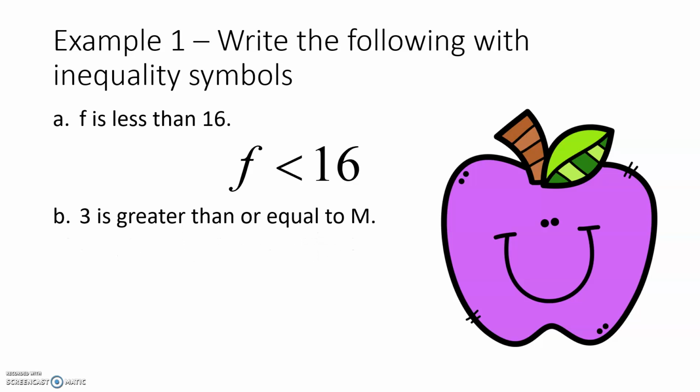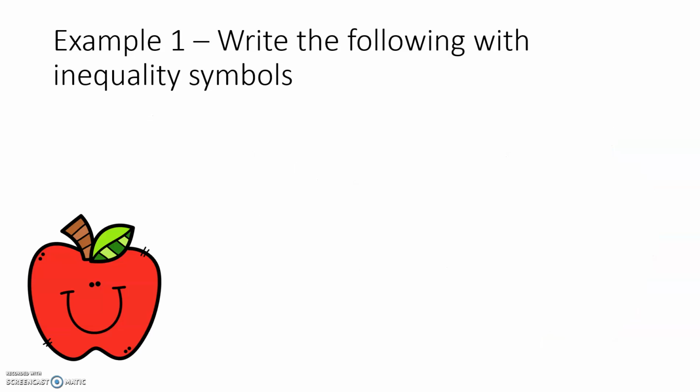But what about this one? 3 is greater than or equal to M. So I'm going to use the same symbol I just showed you. 3 is greater than or equal to M. What I literally did was take these English statements, these word statements, and translate them into inequality statements using the inequality symbols. Now let's increase this intensity a little bit.